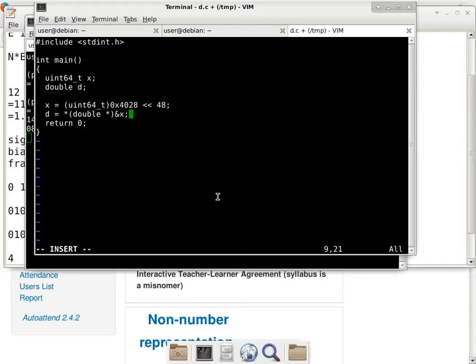Same thing that we used in GDB, but this time it is a part of the C program. And then if you don't want to use GDB at all, you can do the proper pound includes, and then use either cout or printf to print the value of d, and that will confirm that we are actually doing the conversion correctly.